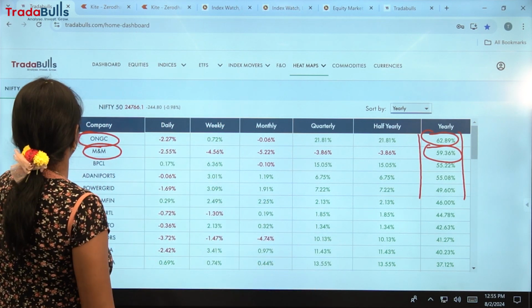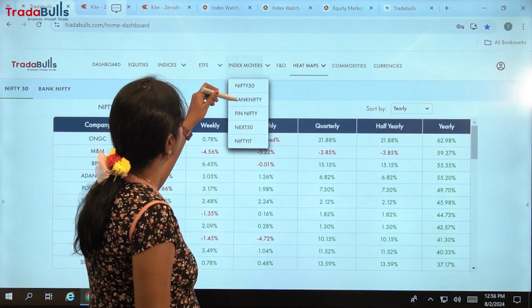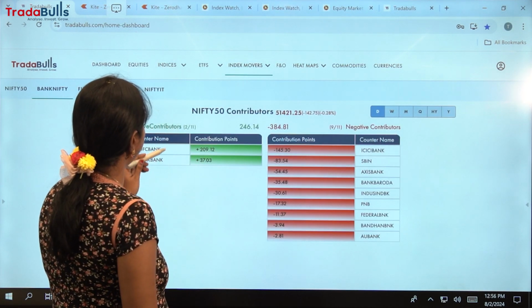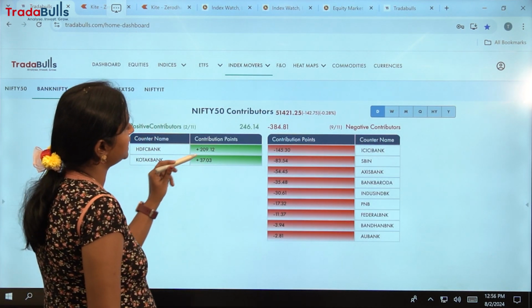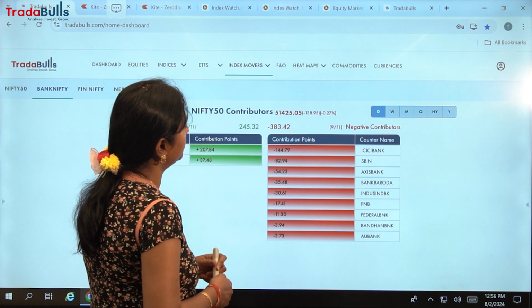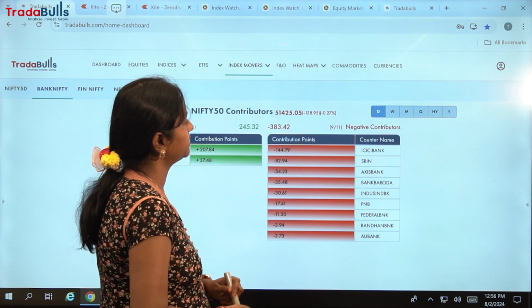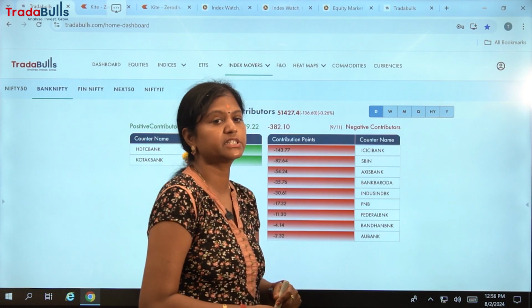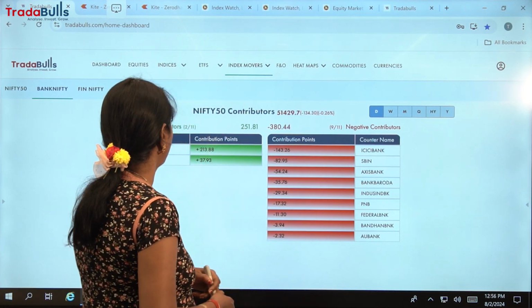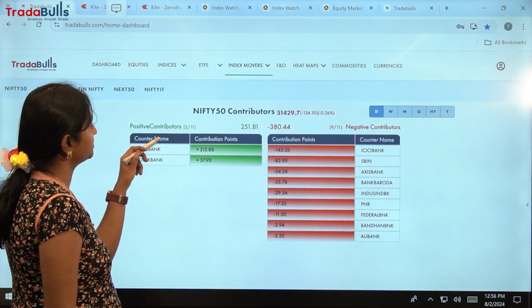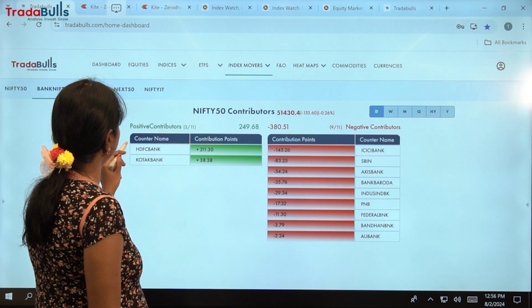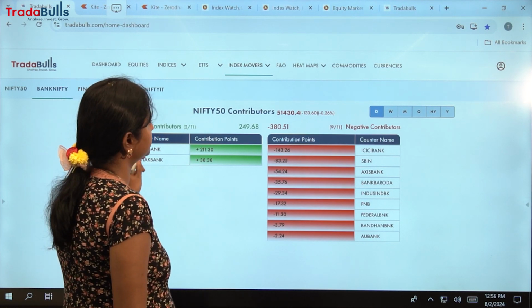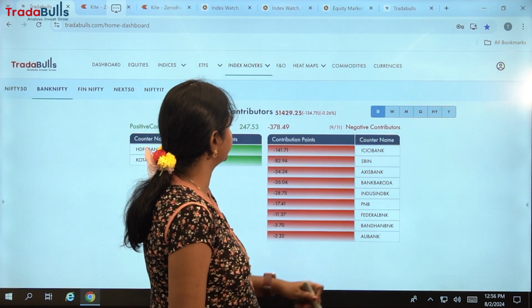Similarly, you can go to Bank Nifty. Bank Nifty has a total contribution of minus 138.95, with a minus of 0.26%. There are 2 companies with positive contributions, and these are the negative contributions.